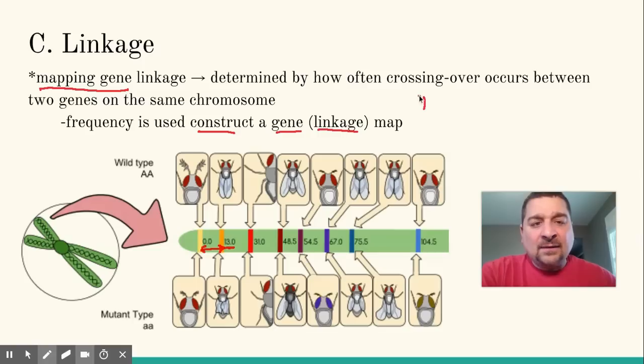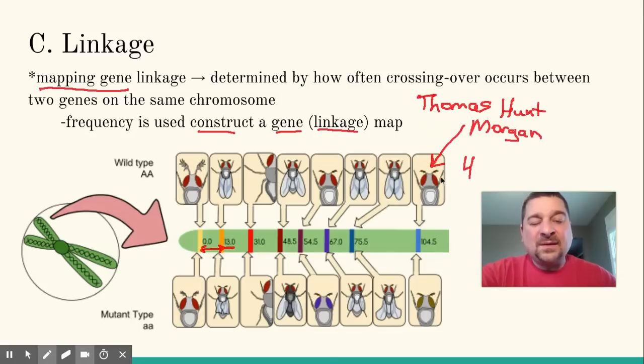There was a famous scientist by the name of Thomas Hunt Morgan who worked with fruit flies, and they only have 4 chromosomes. He did a lot of work crossing them and keeping track of the frequencies of crossing over, and mapped out a lot of those chromosomes.